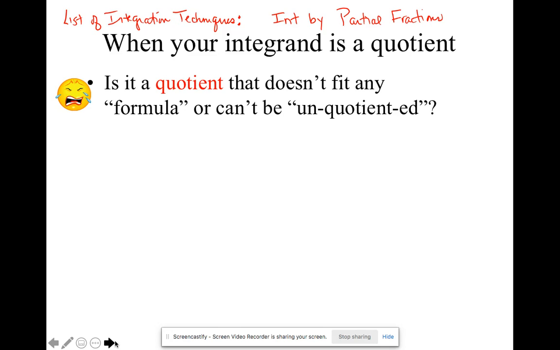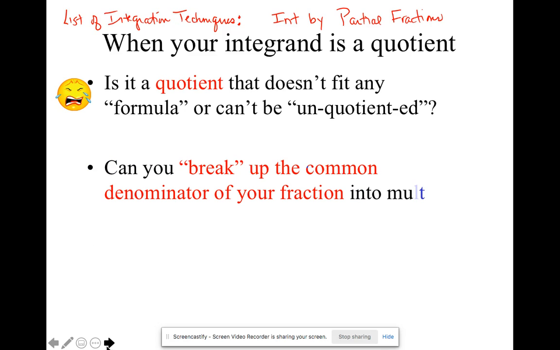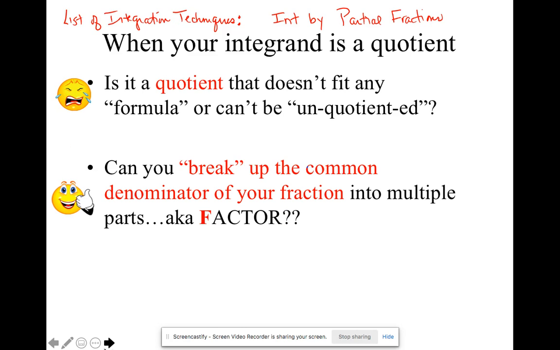Is it 1 over secant that I can rewrite as cosine? Can I do any algebra or factoring, turn it into a U substitution problem? If none of that works, I take a moment and cry and feel sad for myself. But then I think integration by partial fractions might be the way to go.